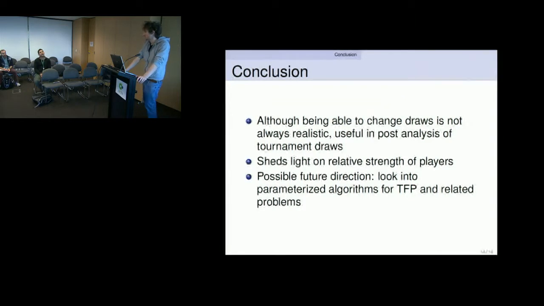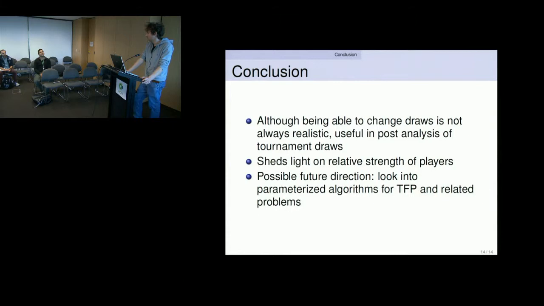Well, as I said, it's unlikely to actually be realistic. The effect of the reduction would only take place in huge tournaments. So it's really interesting from a theoretical point of view because it just shows you won't be able to find a polynomial time algorithm.